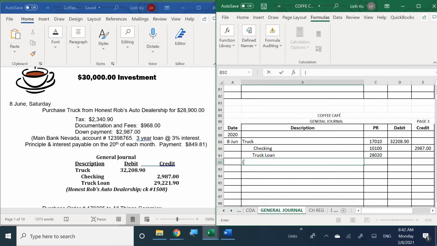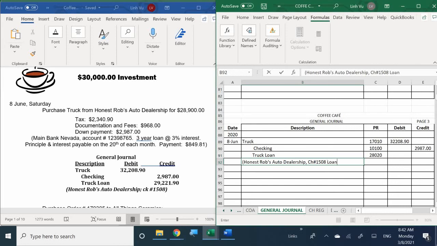So I bought a truck from Honest Rob's auto dealership. I wrote a check number 1508. And as far as this, if you want to enter in anything about the bank, you can.